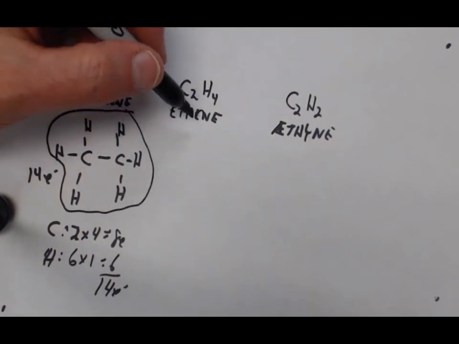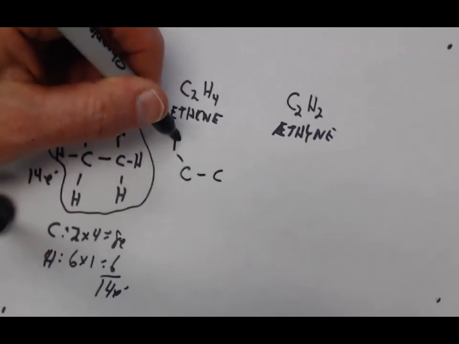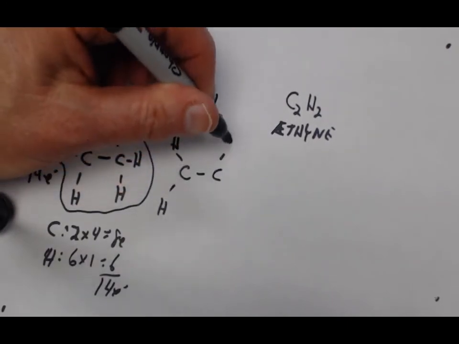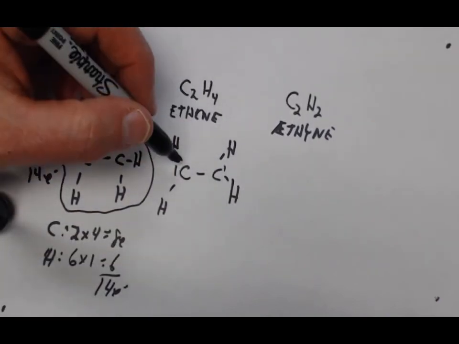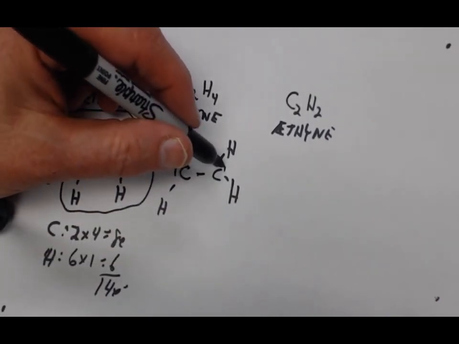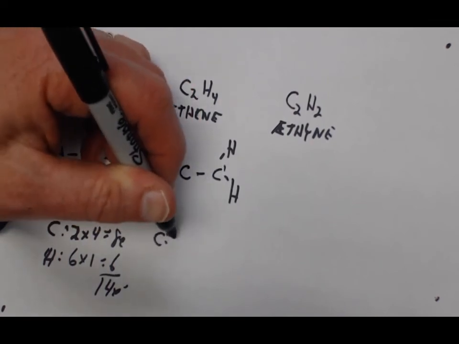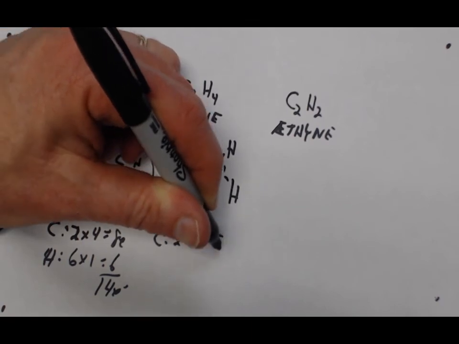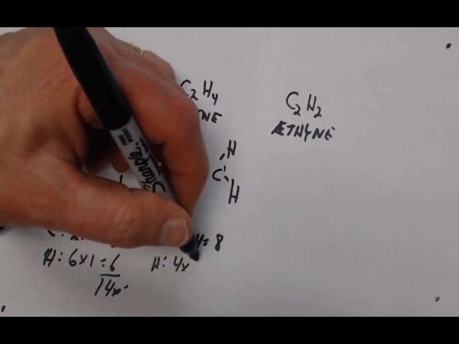If I look at ethene, I'll use the same starting point, except I have fewer hydrogens, so I'm going to have only 2 on each carbon. And then when I go to fill in my octets, like we've been doing, I have to put one there and put one there. But now when I do that, I have 2, 4, 6, 8, 10, 12, 14, and I still have 14 electrons, but how many should I have? The carbon has 2 times 4 is 8. And my hydrogens, I only have 4 of those, times 1 is 4.